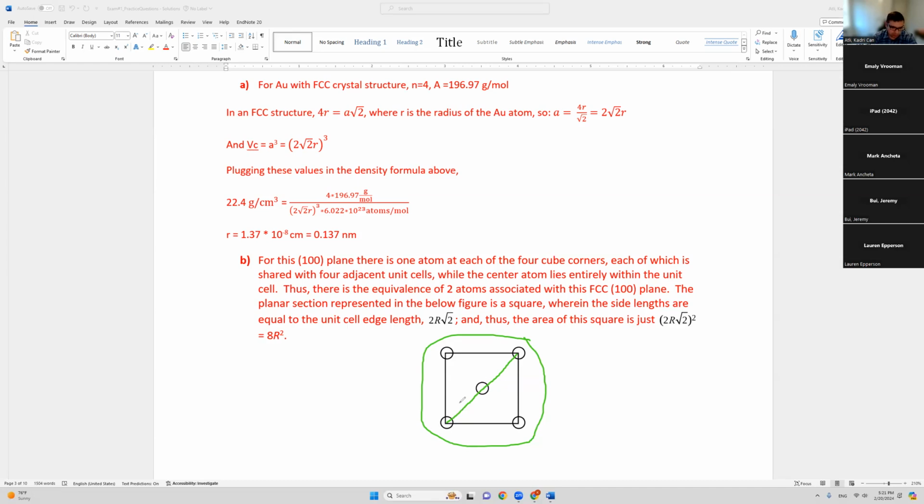So you know where this comes from, right? I mean, we found it here. Okay. So this is 4r, right? And from this relation, you can write A is equal to 2r square root of 2. And the area of this square is A square, which is this, right?